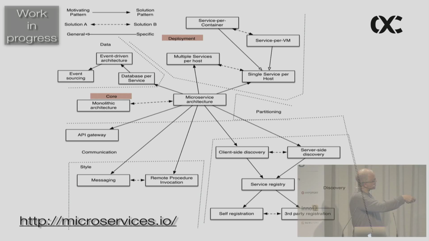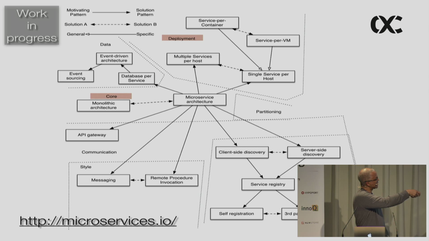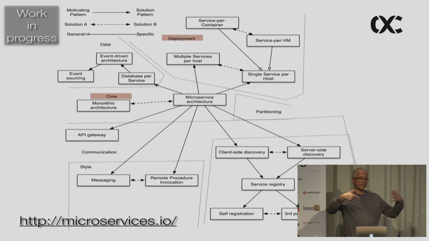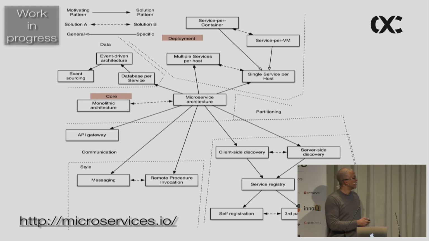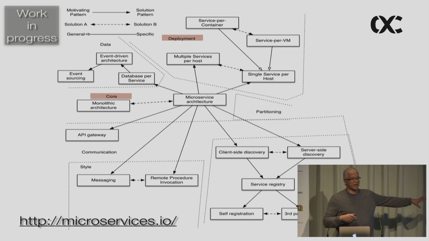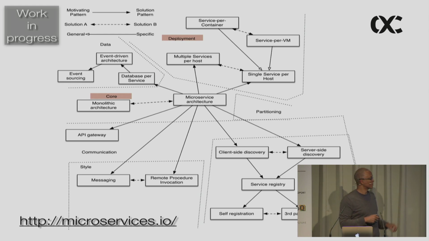There's also this hollow arrowhead that says these patterns are specializations of this pattern. So there's a general pattern, single service per host, and a host could be a virtual machine or it could be a container. There's a little schematic up there, and you can find this on microservices.io. You don't need to take a photo of it.